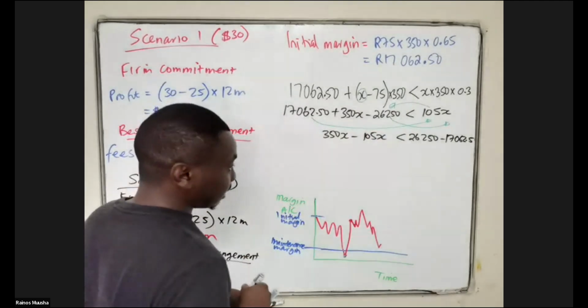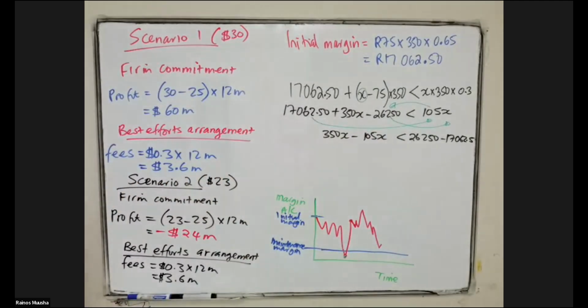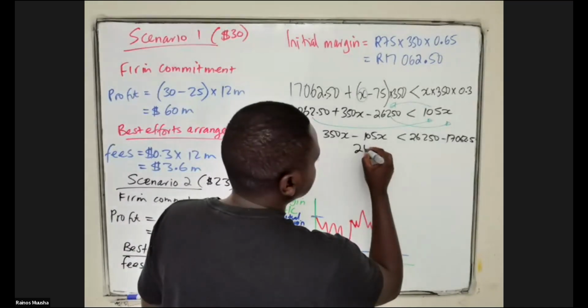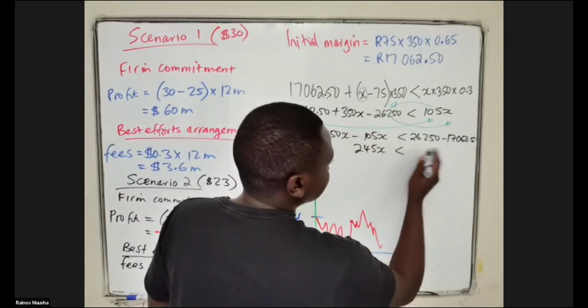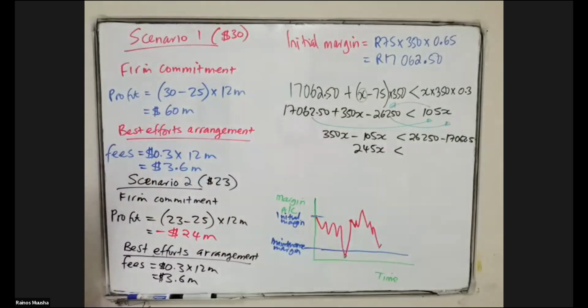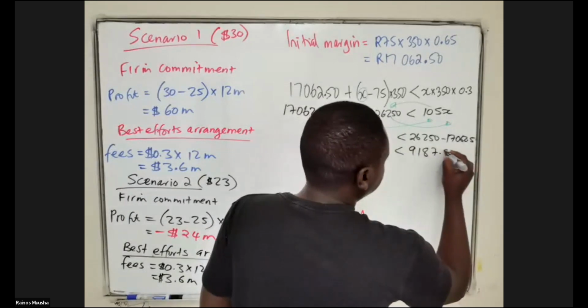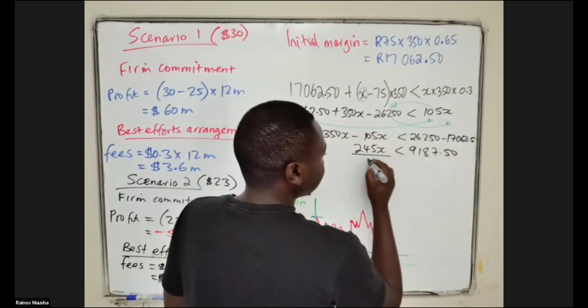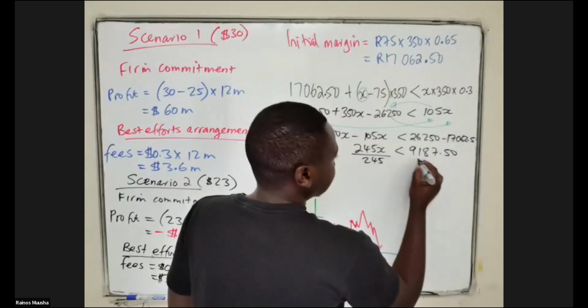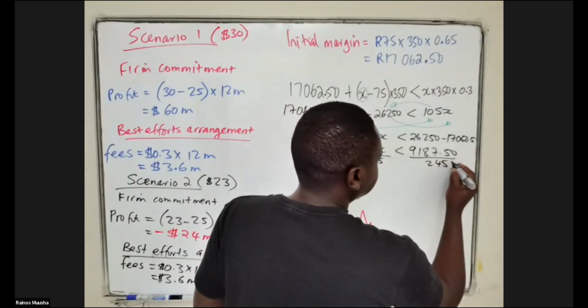On the left hand side, 350 minus 105, how much do you get? It's 245. So 245X should be less than, on the right hand side, 9,187.50.